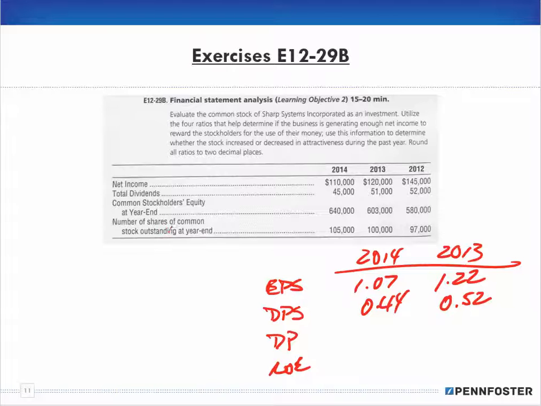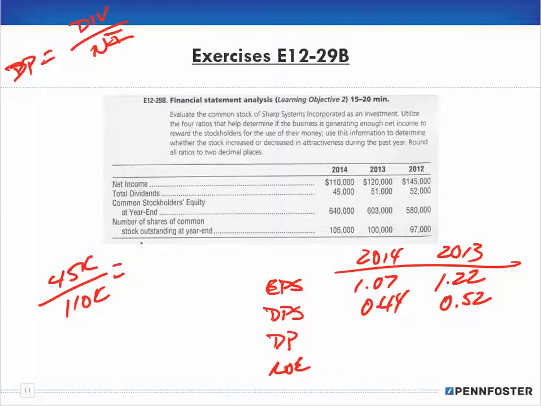All right, dividend payout. Dividend payout is equal to my dividends over my net income. And so my dividends for 2014 are 45,000, and I'm dividing that by my net income of 110,000, and that gives me a percentage of 40.91%.